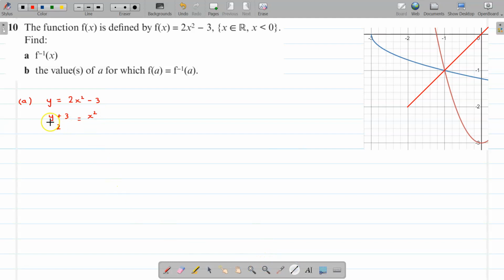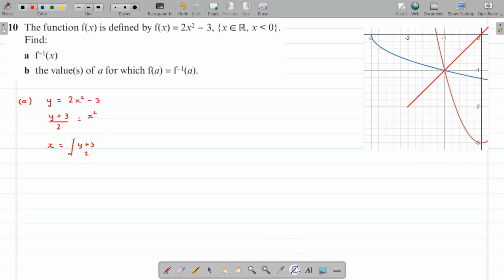But this is where we have to start thinking about which part of the square root we're interested in, because there's a negative part and a positive. So let me just finish this off and say that x therefore equals the square root of that. So it's the square root of y plus 3 over 2.